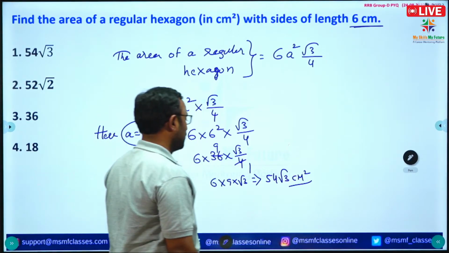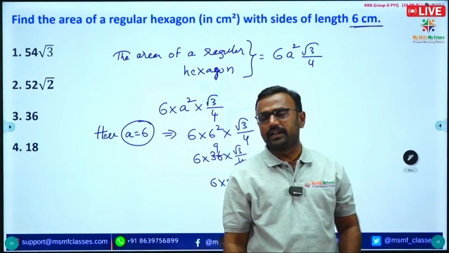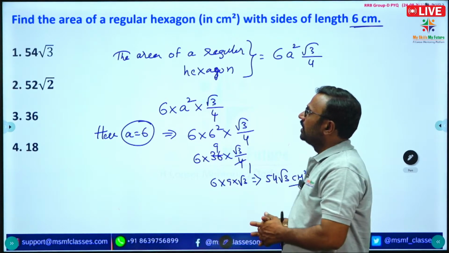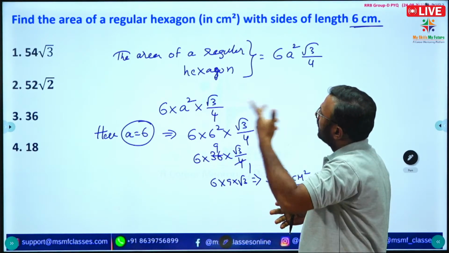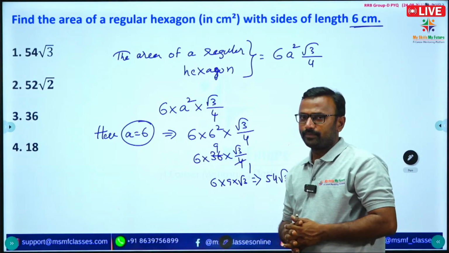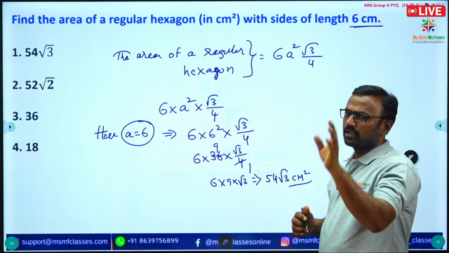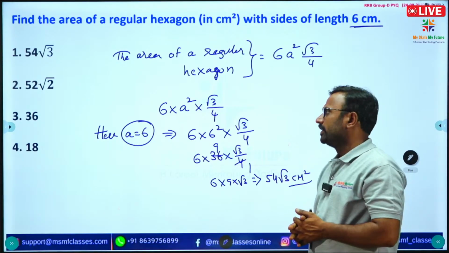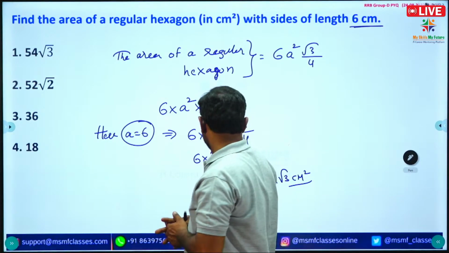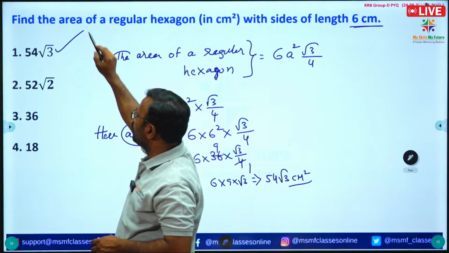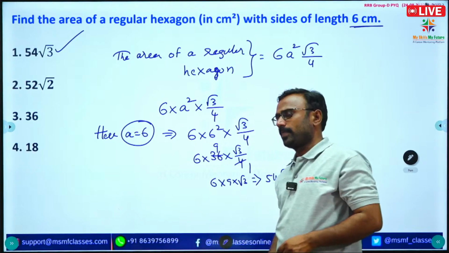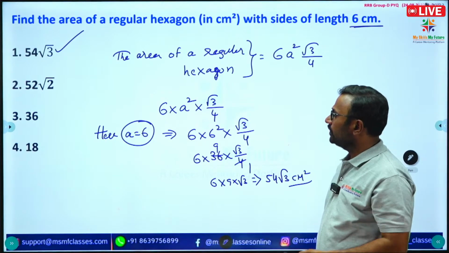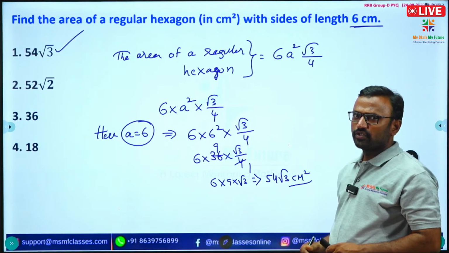That is the area of a regular hexagon. We are seeing at least one question on finding the area of something. Option 1 itself is correct, 54 root 3. So shall we move to the next question?